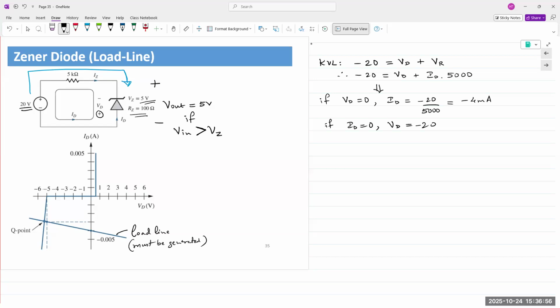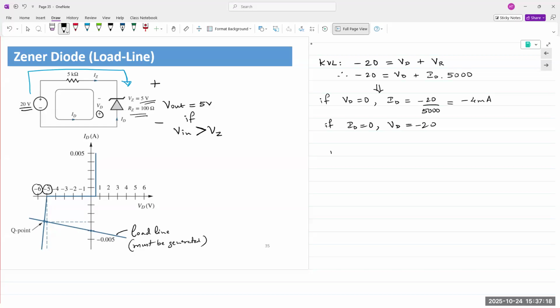We can plug in VD equal to either minus 6 or minus 5. That's the limit of our graph, right? So we can plug in that value. If VD is 0, ID is minus 4 milliamps. If VD is minus 6, we can calculate that.